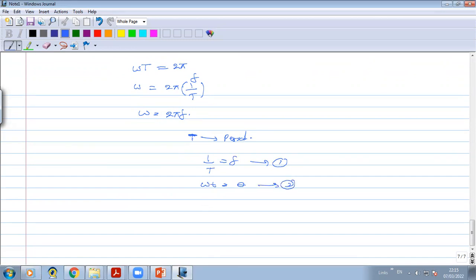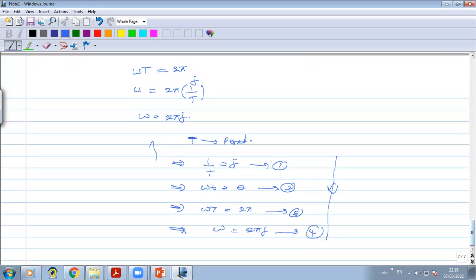Omega T is equal to 2pi, this is another relation. Omega is equal to 2pi f, this is another relation. So you have to remember these 4 relations. I have explained how these relations are derived. If you couldn't understand it totally, it is okay. At this point, please try to remember these identities. That is important.